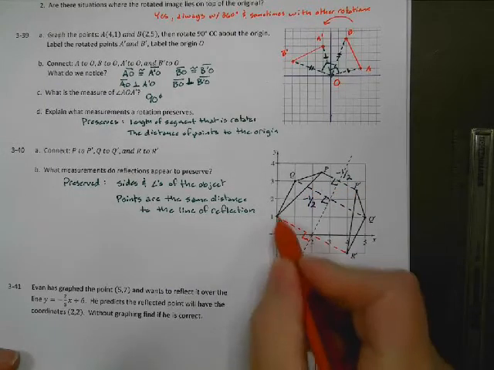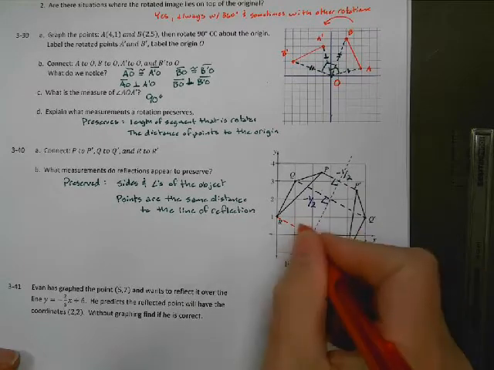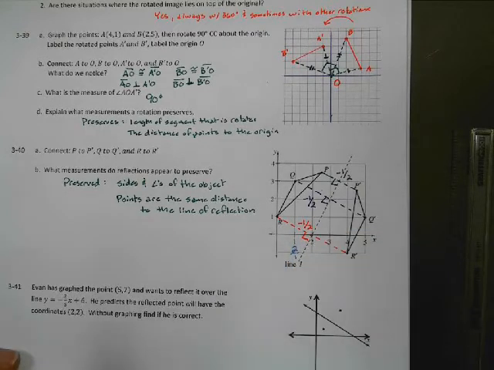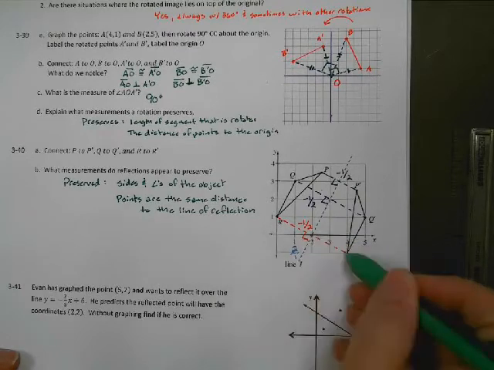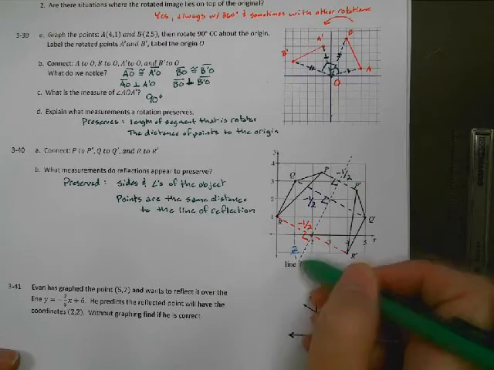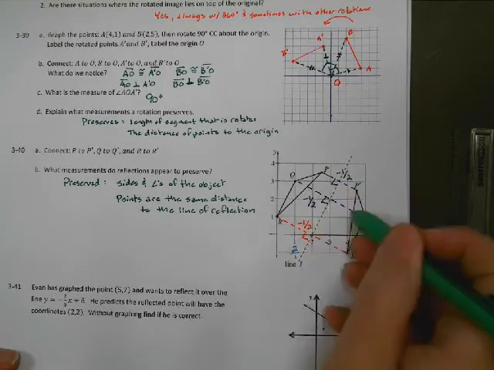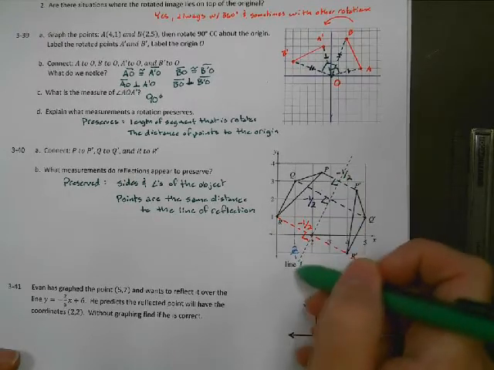This one goes down 1 over 2, so that one's also down 1 over 2. So what are we noticing? These lines that we created, which are the distances, are perpendicular because these are opposite and reciprocal slopes. So the green, the blue, and the red line are perpendicular to the line of reflection.